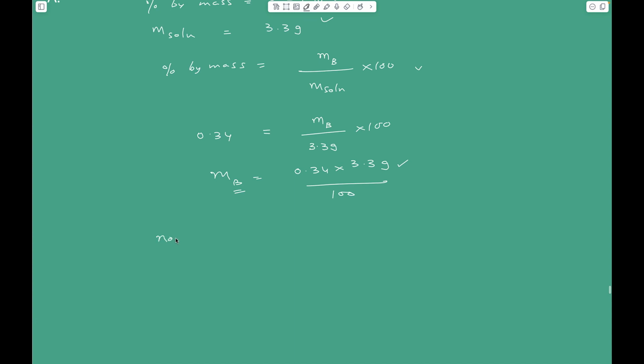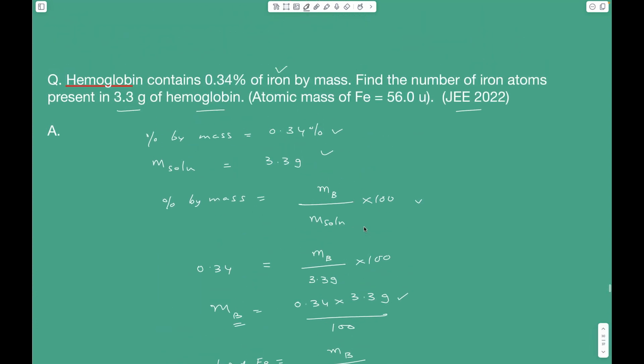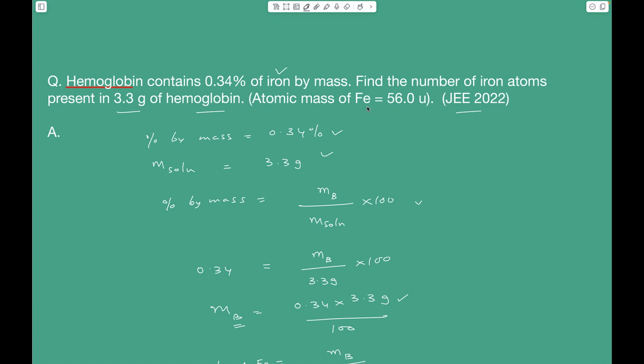Then how do you get the number of moles of iron? Divide the mass of iron by the relative atomic mass of iron expressed in grams. If the atomic mass of iron is 56.0 u, then the relative atomic mass of iron is simply 56.0. You have to drop this unit.